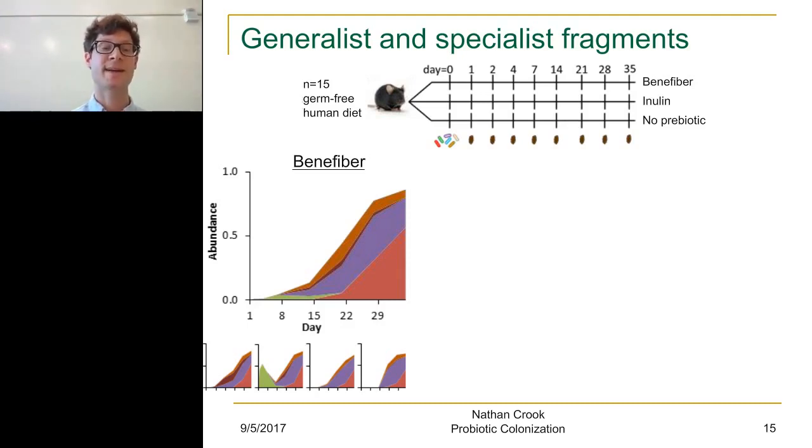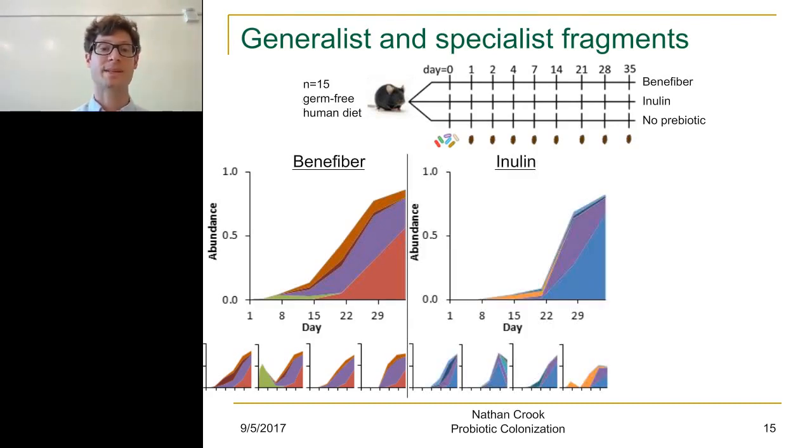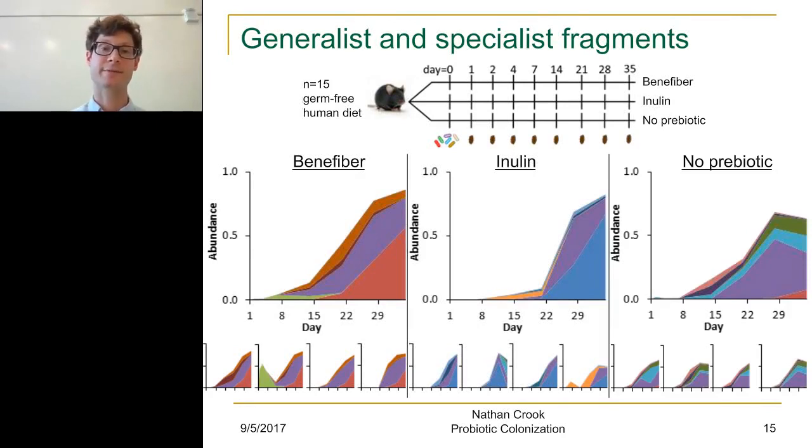You also see that over time, over the course of our 5-week experiment, we were able to capture nearly 100% of the diversity in those large intestines with these fragments. But what's interesting is that between the arms, we got a different set of DNA fragments recovered in each one. So in Benefiber versus inulin, for example, we got very different DNA fragments recovered.